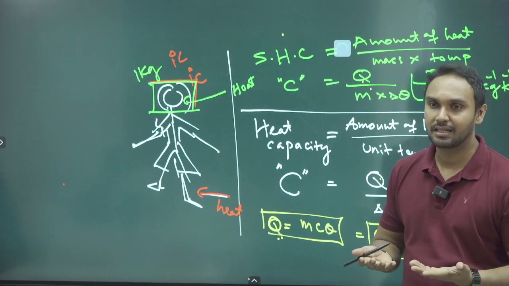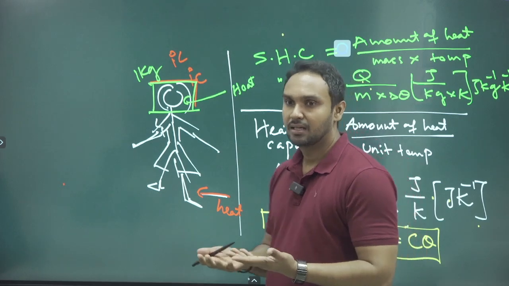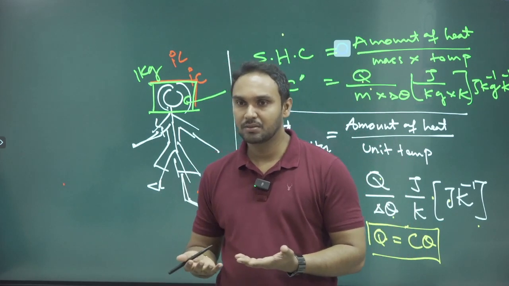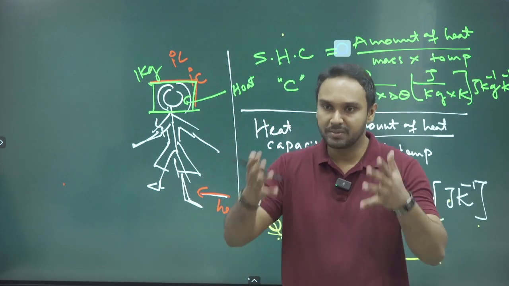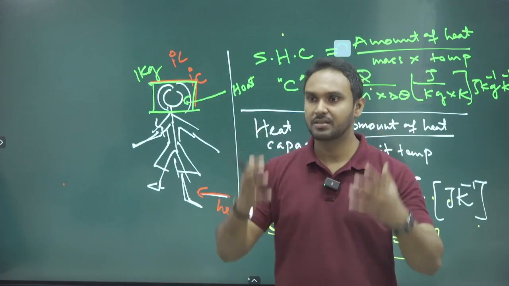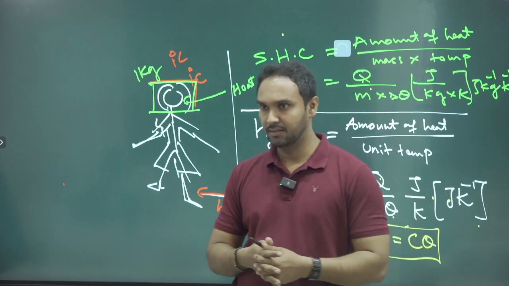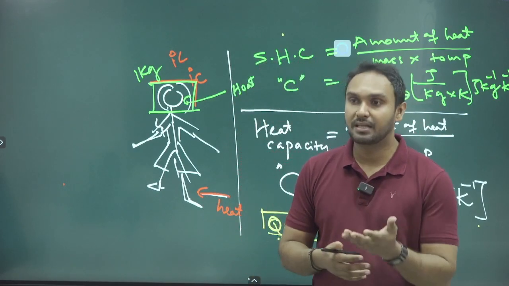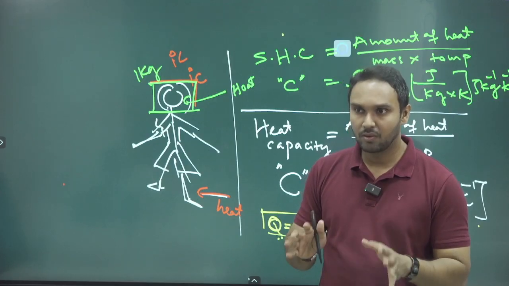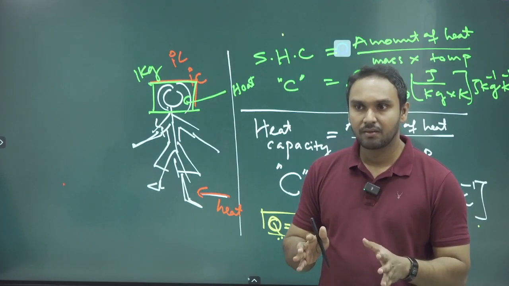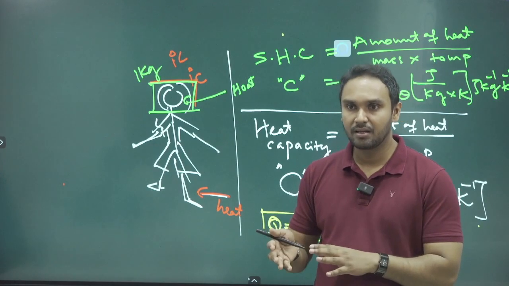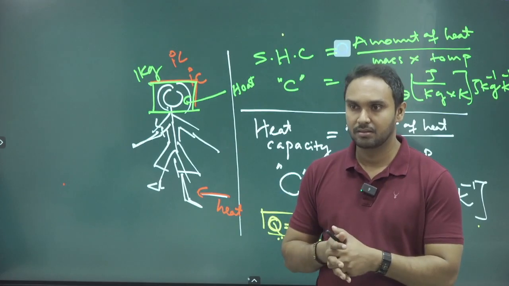So what is heat capacity? The amount of heat that it takes to increase the temperature of the whole object by 1 degree Celsius or 1 degree Kelvin, doesn't matter. And what is the specific heat capacity? That is not the whole object, only 1 kilogram of it, to increase by 1 degree of temperature.